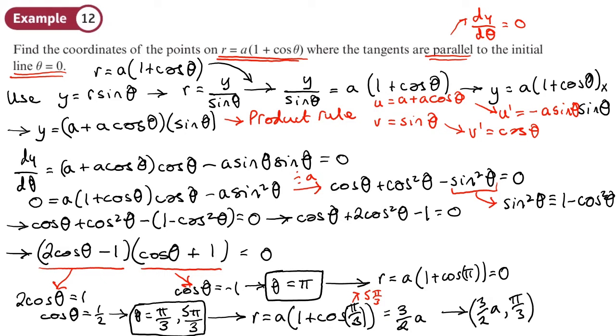And then we're also going to have 3 over 2a, 5 pi over 3, or you could have negative pi over 3. And for the other point, the value of r is going to be 0, and its argument, its angle, is pi. So here we have the 3 coordinates where the tangent is parallel to the initial line. So there we go.